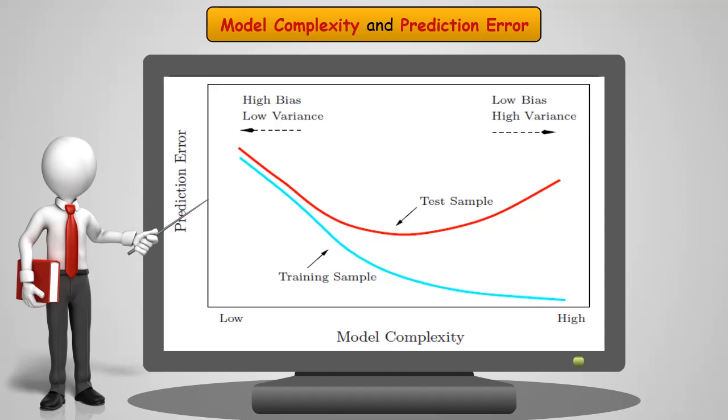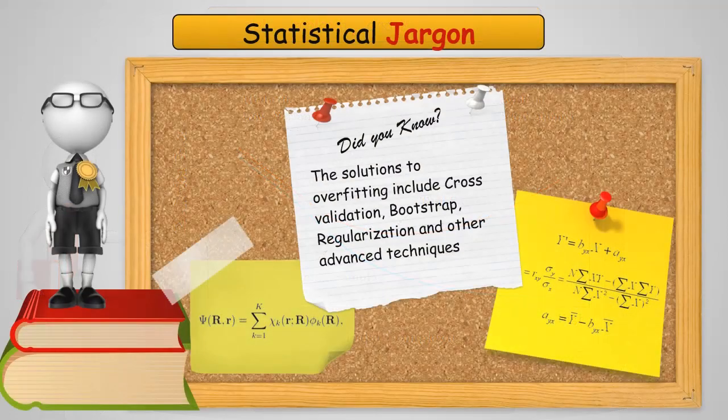That's the indication of overfitting, and that overfitting is going to be caused by either, again, a high bias or a high variance, one way or the other. The solutions to overfitting include something called cross-validation, bootstrap, regularization, and other advanced techniques. And we will point out some of these throughout the class.